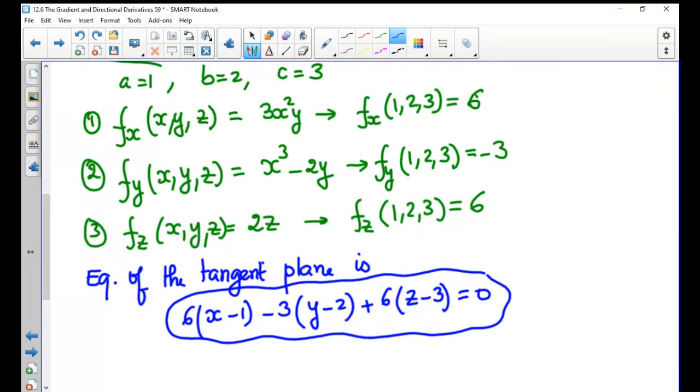And we have the equation of the tangent plane to the surface at the point 1, 2, 3. Are we okay with this?